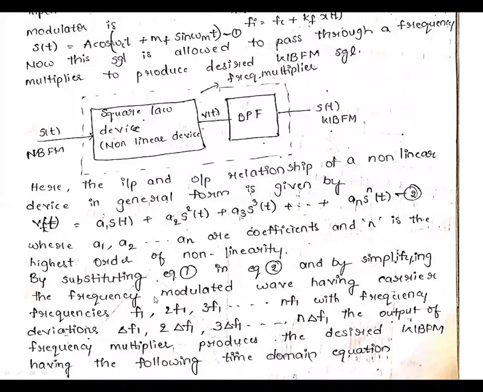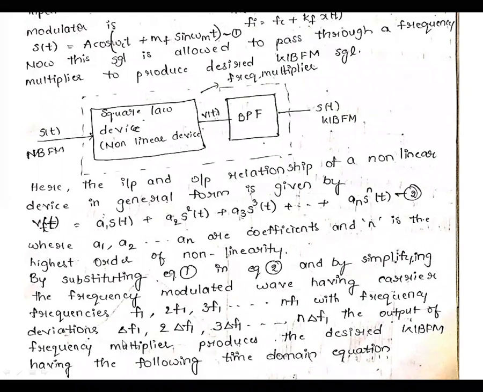What are the frequencies? f1 is the component of A1, 2f1 is the component of A2, and 3f1 is the component of A3, and so on. These frequencies have a deviation from the carrier.